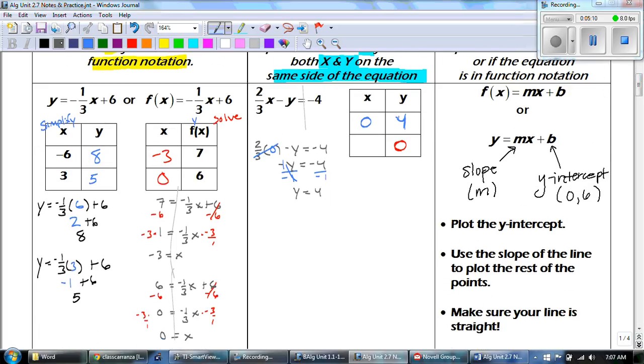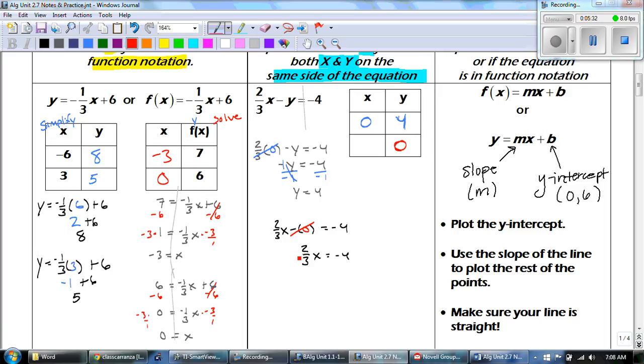Now, for our next one, I'm going to let y equal 0. So I have 2/3 x minus y equals negative 4. I plug in 0, that cancels out, and I've got 2/3 x equals negative 4.